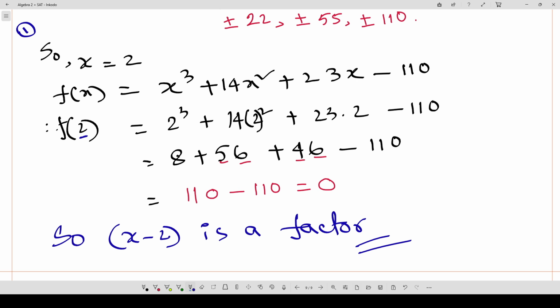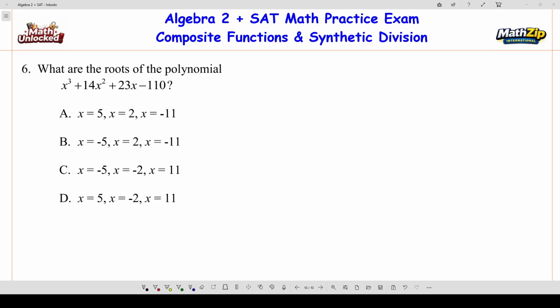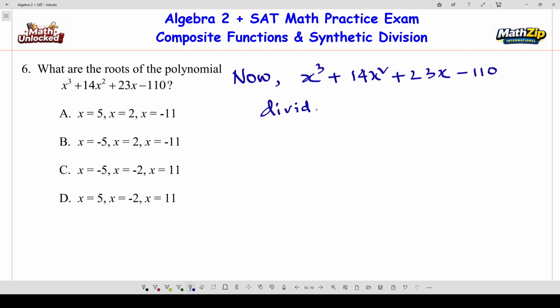Now we will start the second part. Now x cubed plus 14x squared plus 23x minus 110 divided by x minus 2, and we use the synthetic division method.